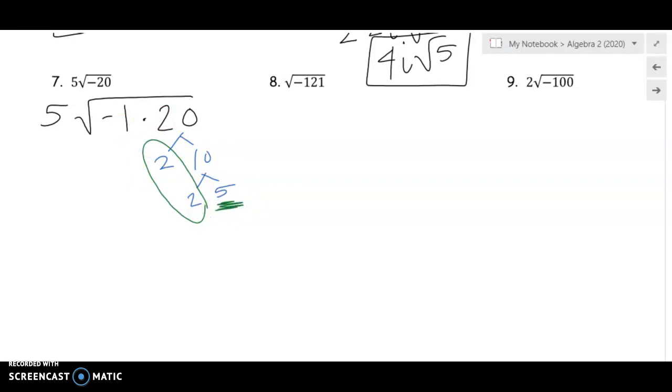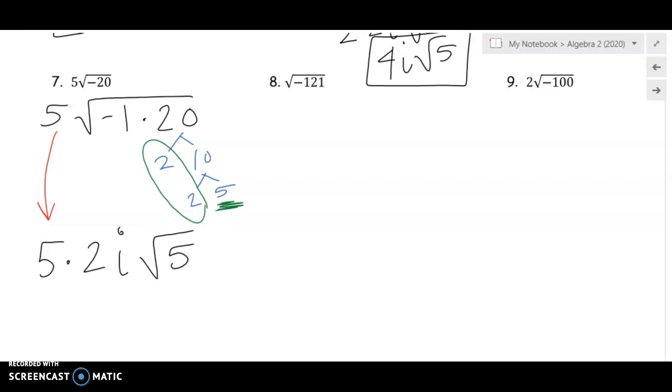So there's that. Let's figure out how to write this because you have to be a little bit careful. Remember this 5 in the front? Just drop it down. Keep it there. And then the circled 2's, the matches, come out in front as well. The negative 1 is becoming an i. And then the leftover 5 stays underneath.